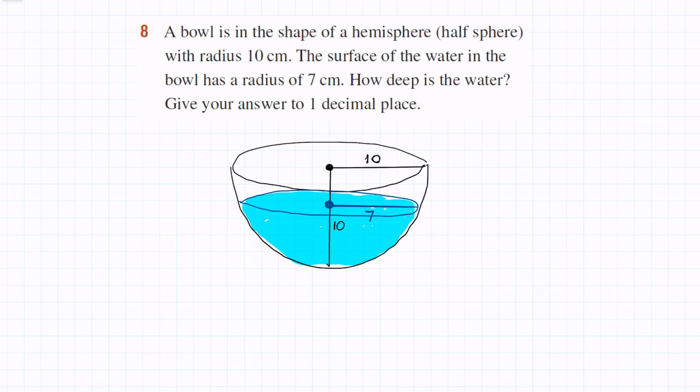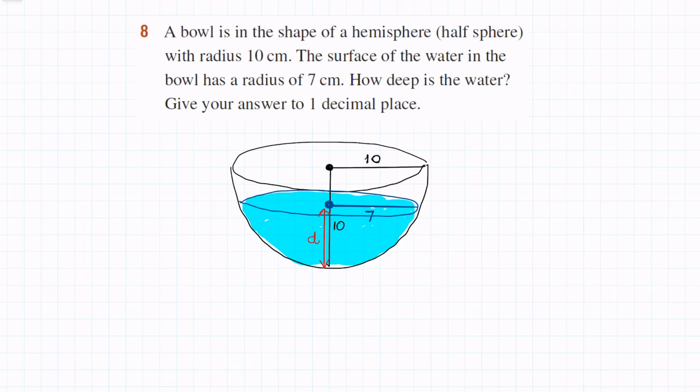And what we're really being asked to find is the depth of the water. So really from the top of that center line all the way to the bottom of the bowl, that is the length that we want to know. I'll call it D for depth of water.